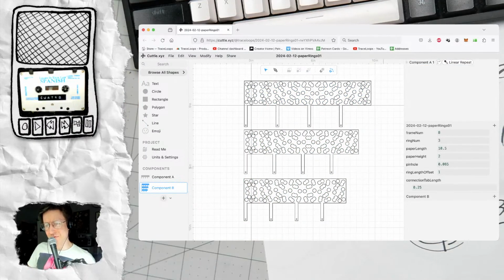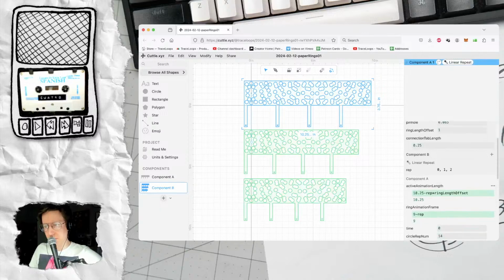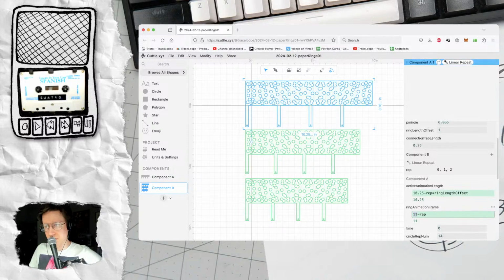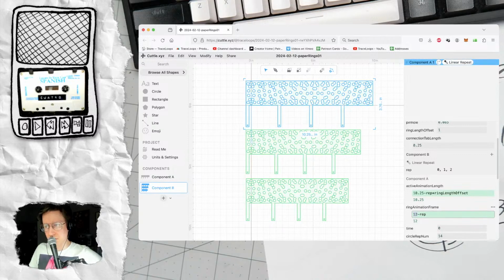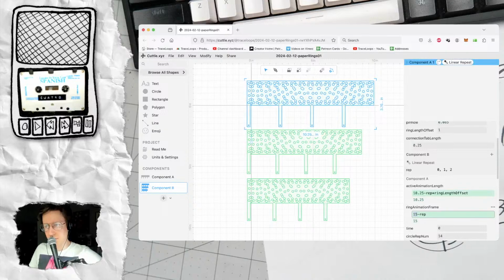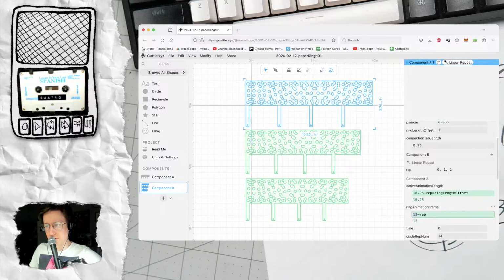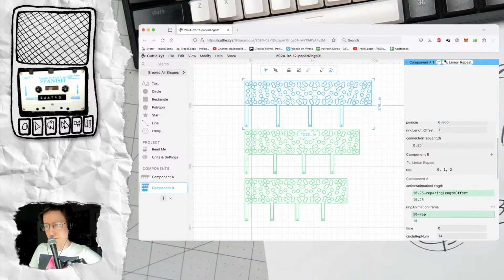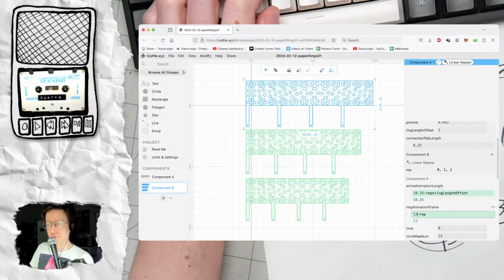I believe this works, but I think this would work if the total number of frames is higher. Let's say we work with 12.